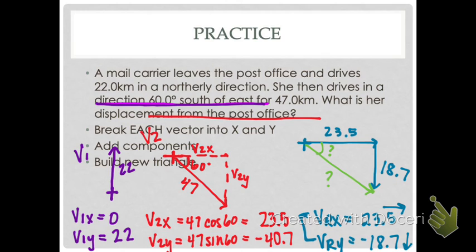I'm going to write it up here at the top. 30.0 kilometers at, I'm going to find the angle here. I'm going to use inverse tangent, 18.7 over 23.5, and I get 38.5 degrees south of east.